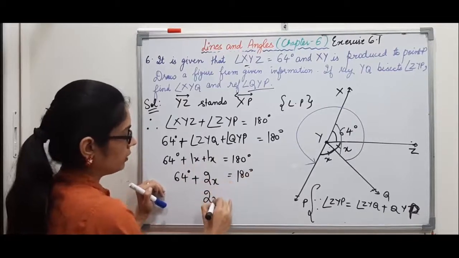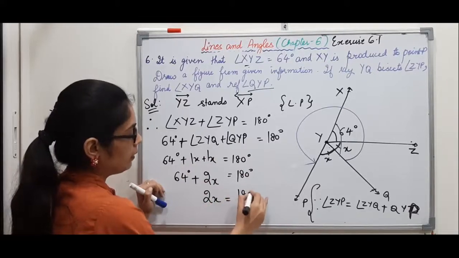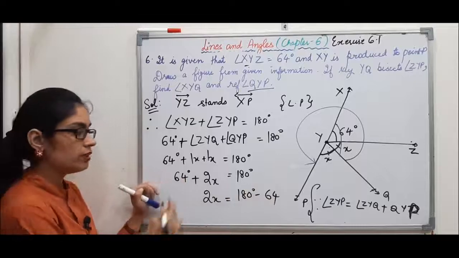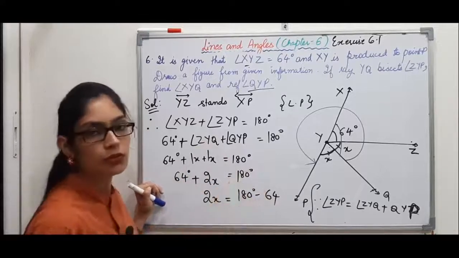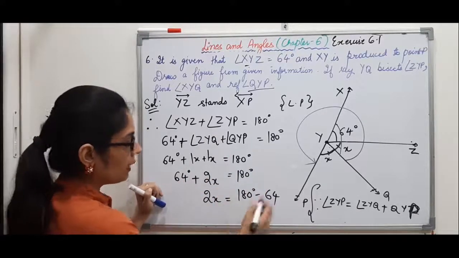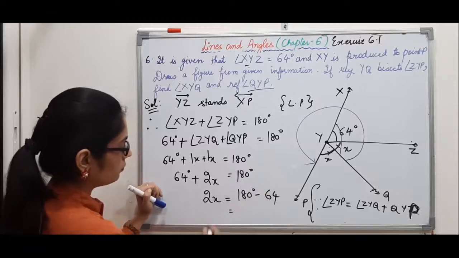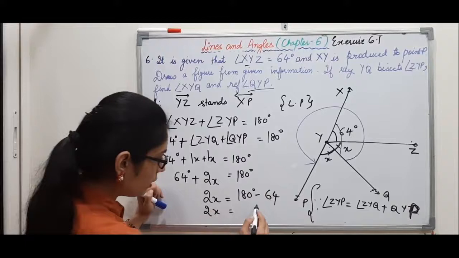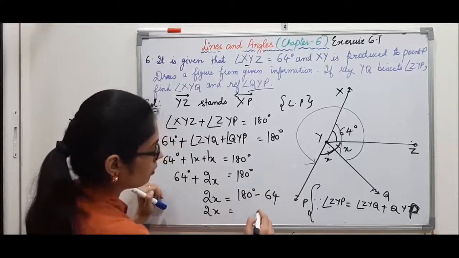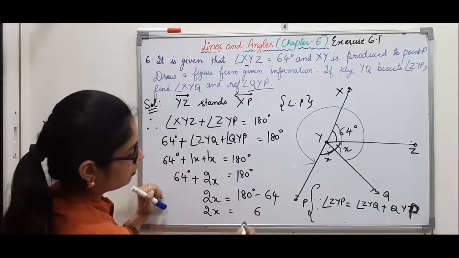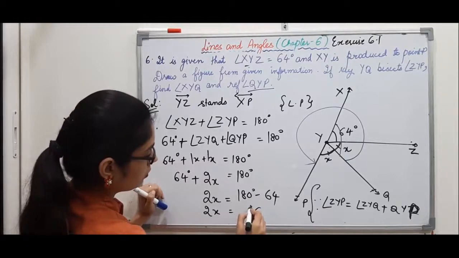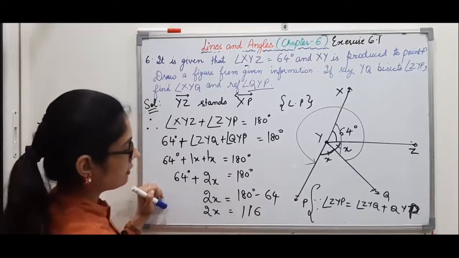Now 2x is equal to 180 minus 64. Because this 64 is getting added on this side, we are shifting it to the other side, it will change to subtraction. So minus 64. So we will do 180 minus 64, it is equal to 116.